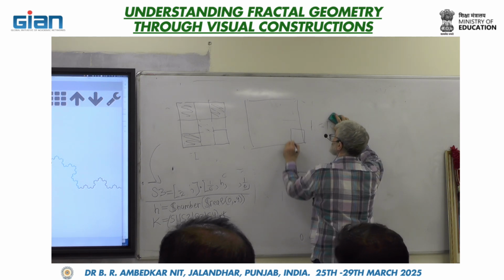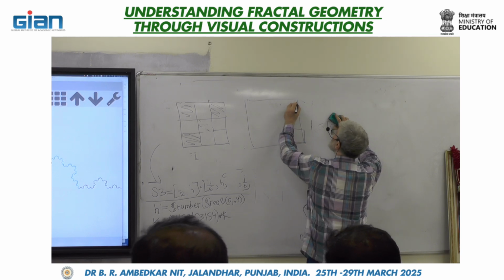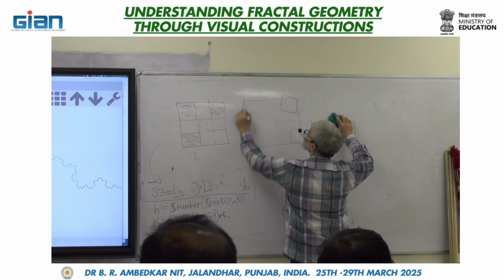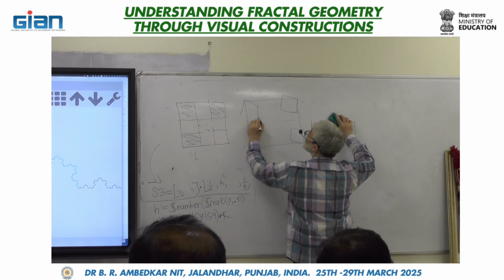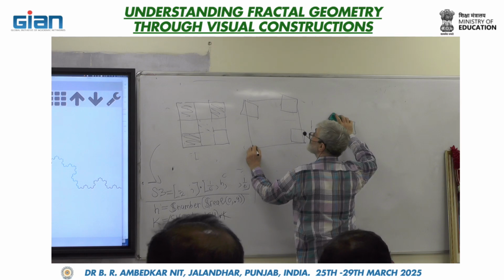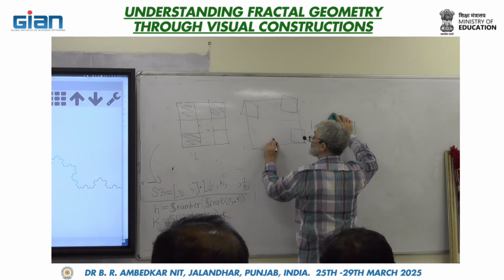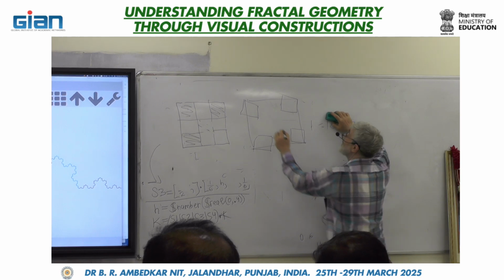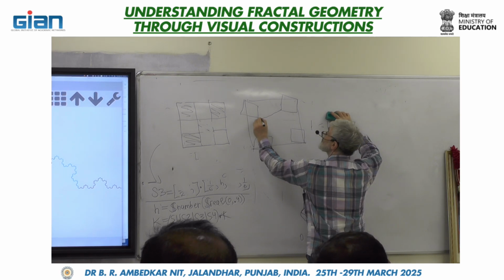Then I have some rotated square here, a rotated square here, a rotated square here, and a rotated square here. They must be of equal size, yes? And then connect them by this square.